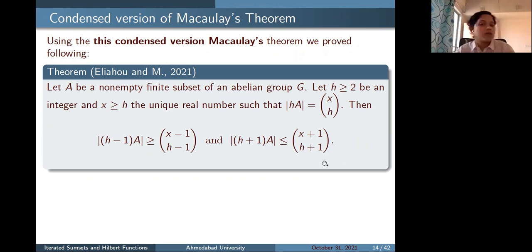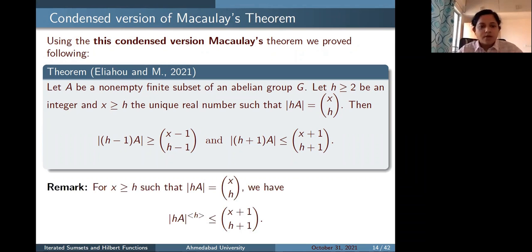Now, we can see that here we have an upper bound, and also in the previous theorem, we got an upper bound, which is in terms of the cardinality of hA. Now, it has been observed that for x greater than or equal to h, if the cardinality of hA is binomial (x choose h), then the previous upper bound is smaller than this upper bound.